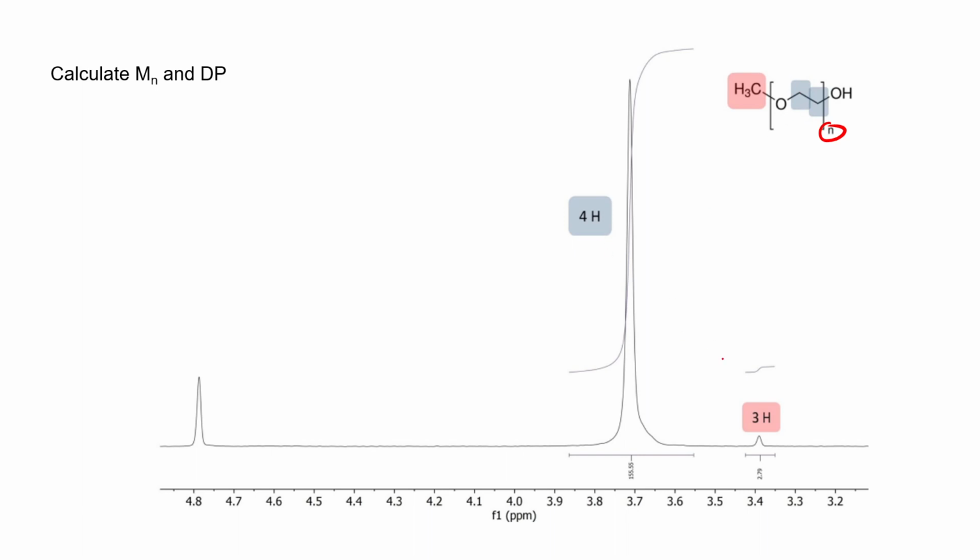Comparing these two ratios, we can calculate how many monomer units are attached to make that polymer. In this particular polymer sample, with four hydrogens they got 165. This is the integration they have got.